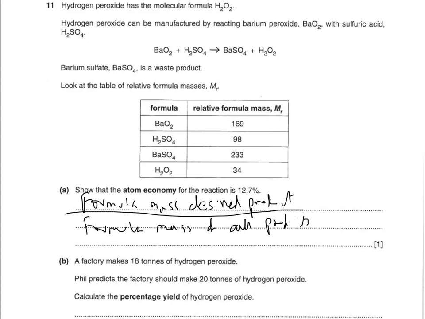So it tells you here that the desired product is hydrogen peroxide, and barium sulfate is the waste product. So you want the mass of hydrogen peroxide on the top, so that's 34, divided by the masses of both hydrogen peroxide and the barium sulfate, which is 233, and then times that by 100, and that gives you 12.7. But you must make sure you write this out, because they've obviously given you that the answer is 12.7.